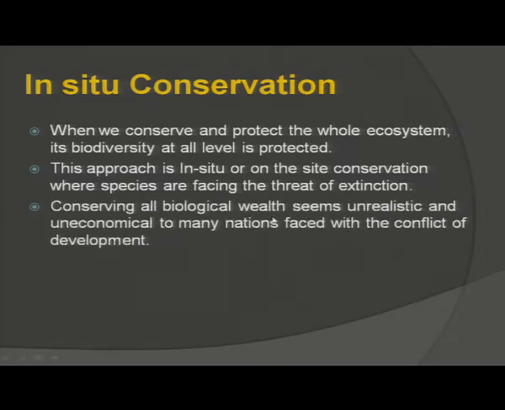Conserving all the biological wealth seems unrealistic and uneconomical to many nations faced with the conflict of development. We are at the crossroads where we want development and we also want to restore our environment. So, it becomes very unrealistic and uneconomical for many countries to create a fine balance between them.